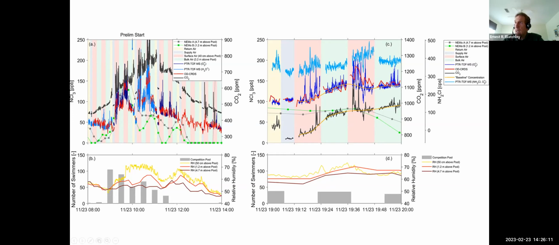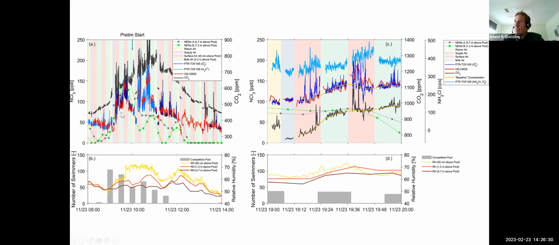In the next panel, immediately to the right, this pinkish color, then that 4-position valve was switched so that we were collecting air samples from 40 centimeters above the pool, so a little bit more than 1 foot above the surface of the pool.